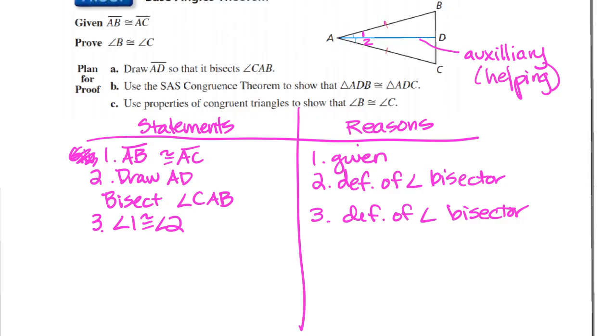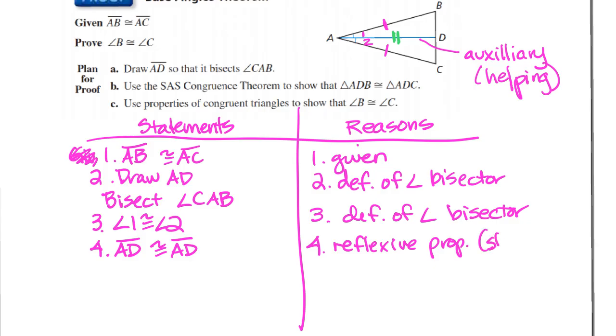So you know that we have these sides congruent. We now have the angles congruent. And now, just like you did on your other homework, you can say that AD is congruent to AD. And it can be the reflexive property, or it could be shared side.